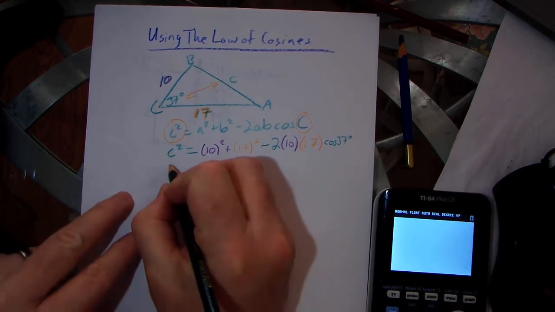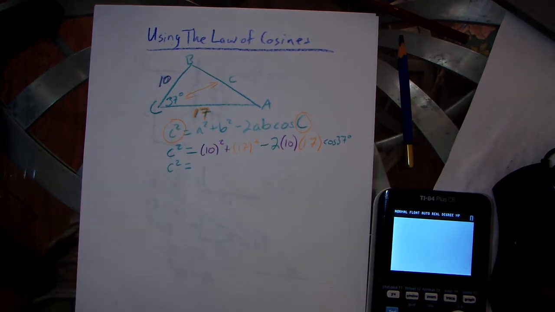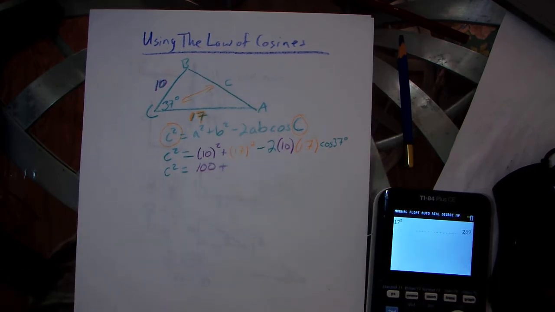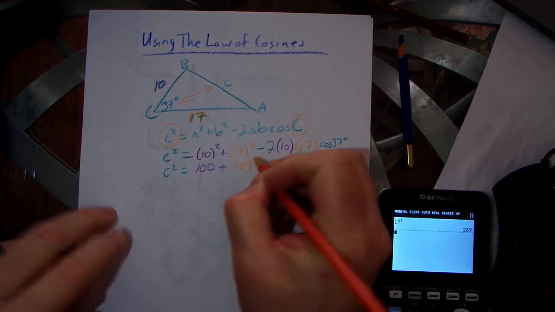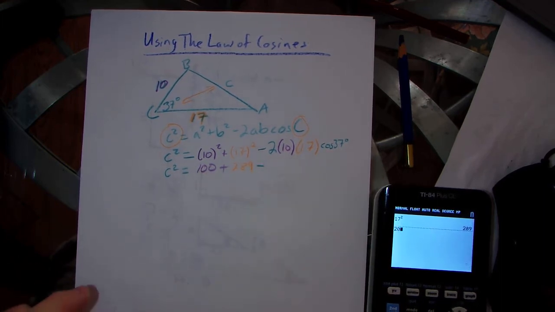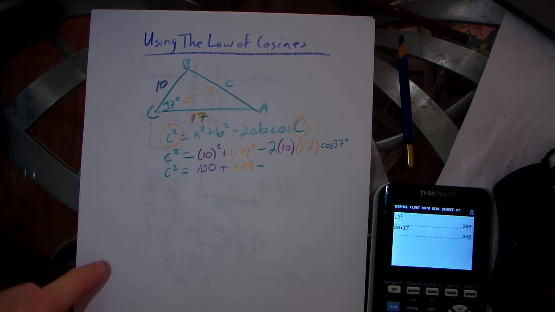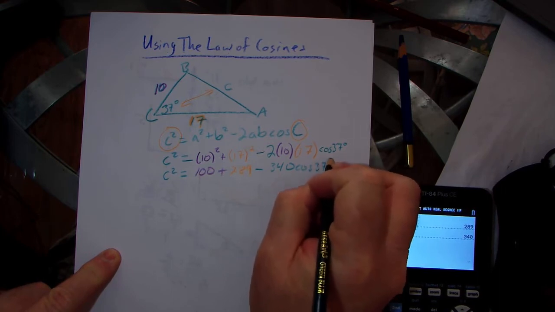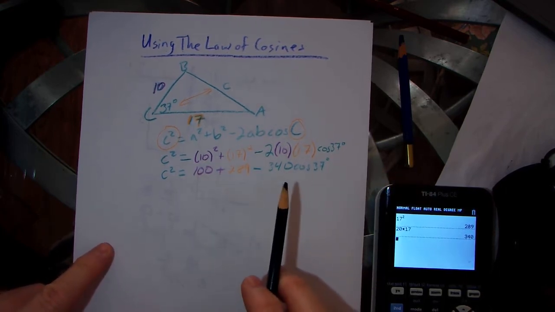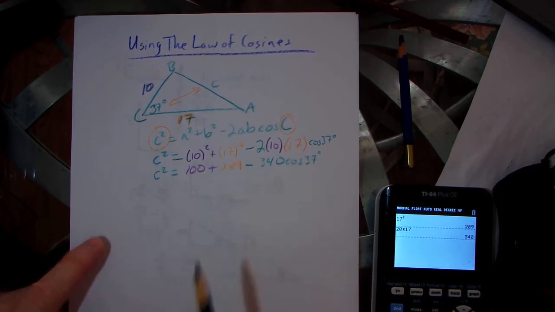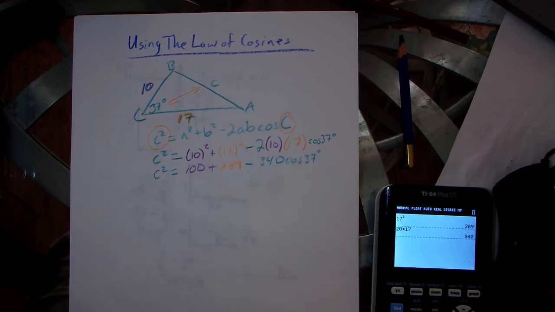So as I work this through, c squared equals 100 plus, this is not one of the ones I have memorized, 289 minus 2 times 10 times 17 is 340 times the cosine of 37 degrees. Now it's really important as you're solving this that you remember that this is all one term. So this 340 can't be subtracted from that. It has to be multiplied by the cosine 37 first.